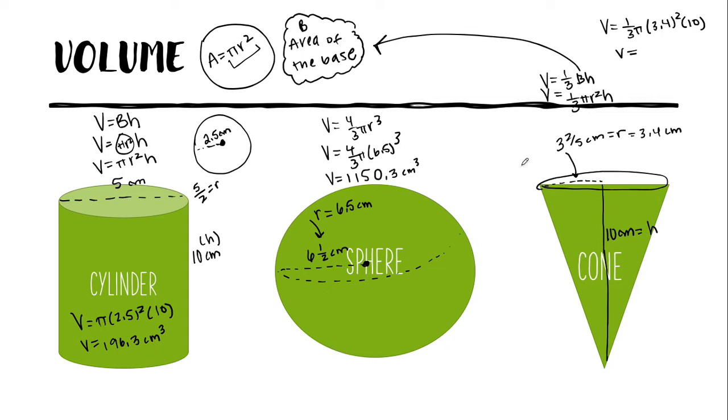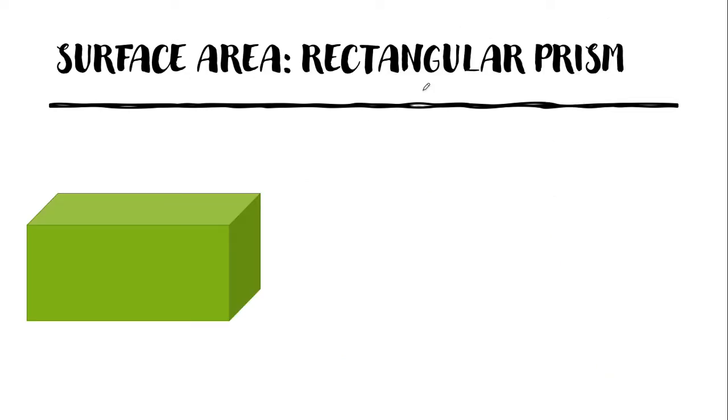That gives 121.1 centimeters cubed. Make sure, guys, what I would have done on this video, if you didn't really need the refresher, is pause and do all these yourself just to make sure you know how to do them. Okay? All right. Let's look at surface area.